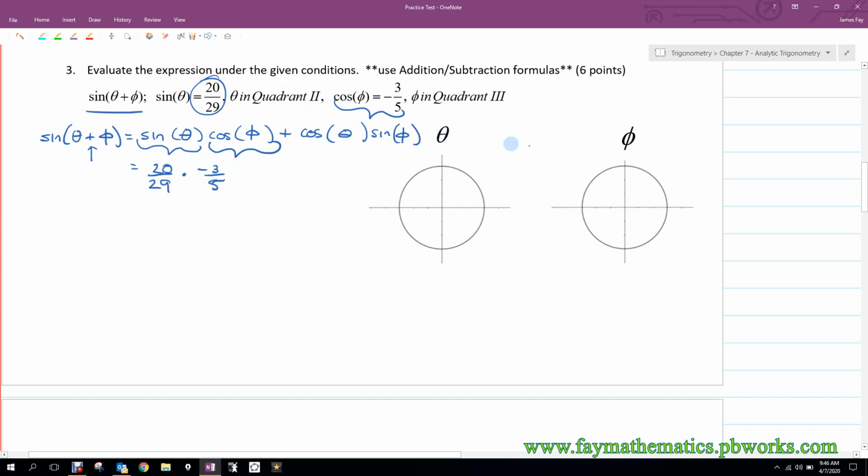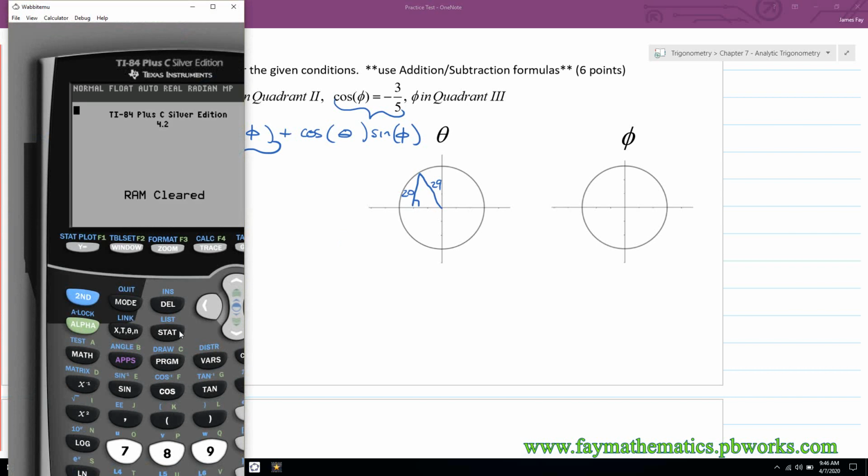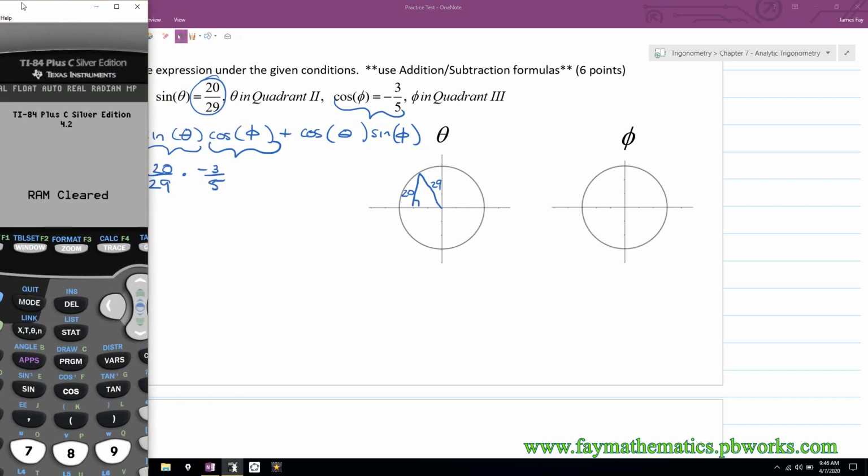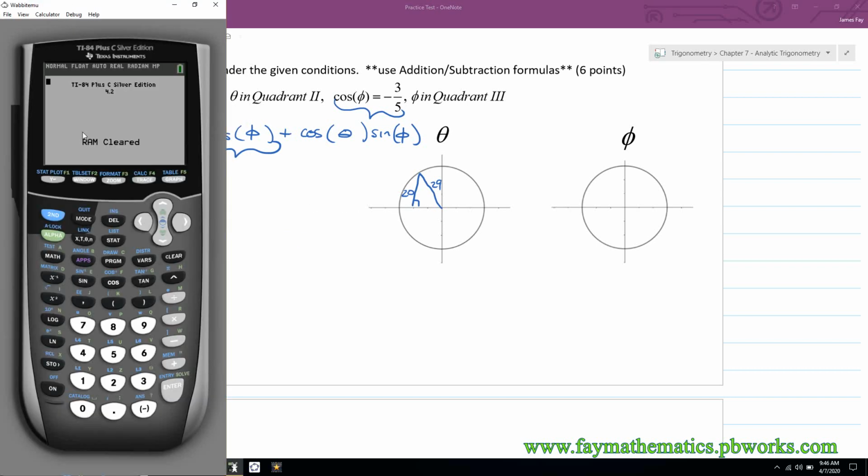So I'm going to let this one be theta. This picture be phi. So theta, quadrant 2, is 20/29. Okay, and that's sine. So this is 20, and that's 29. Okay, we use the Pythagorean theorem to come up with what the x distance is.